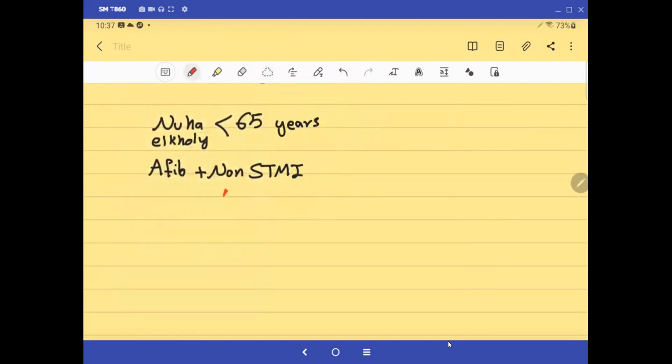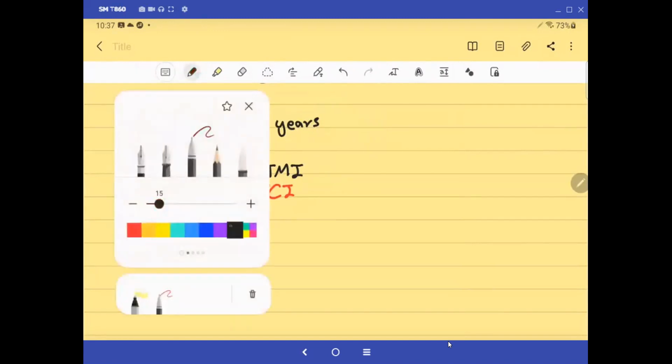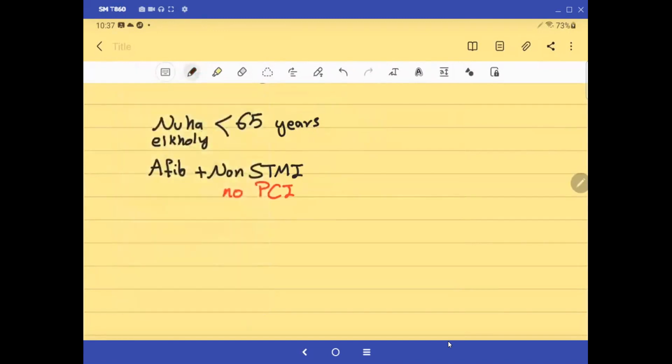And of course, her age is less than 65. Okay, Noha? Yes, so in this case, I am less than 65, I don't have PCI, just Afib with STEMI. Am I right? Yes, ma'am.